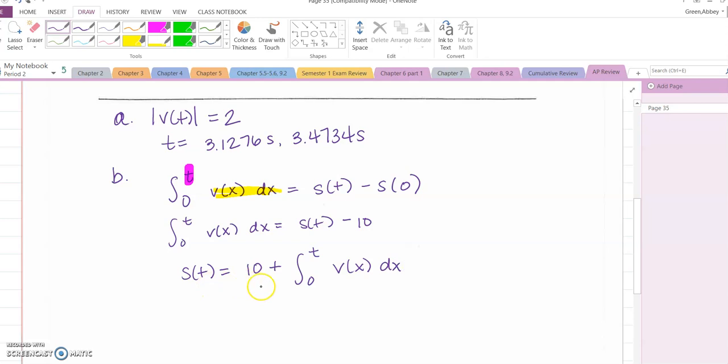So s of t equals 10 plus the integral from 0 to t of v of x dx. Therefore, s of 5 is equal to 10 plus the integral from 0 to 5. We can use our calculator to answer this question for us.